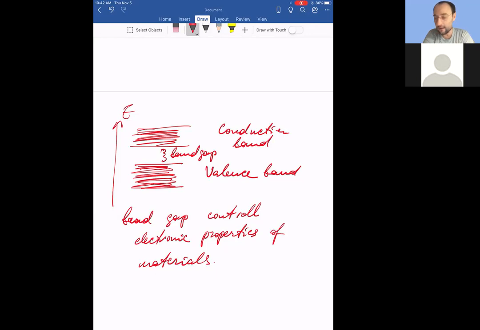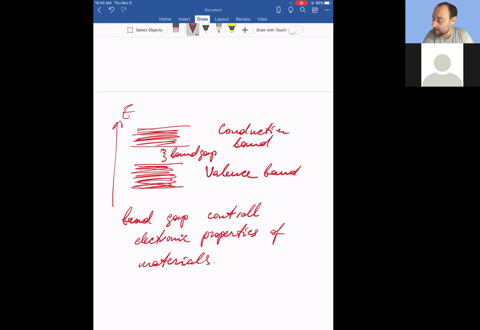If only the valence band is filled and the conduction band is empty, you get an insulator. If the conduction band is partly filled, in other words, if some electrons end up occupying the wave functions that correspond to the conduction band, you get a conductor. If the conduction band is completely filled, again, it's not a good conductor.